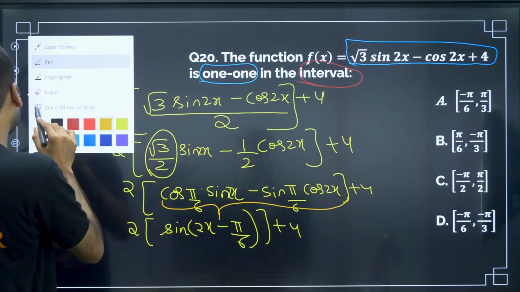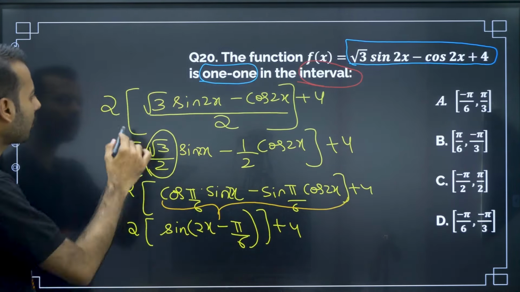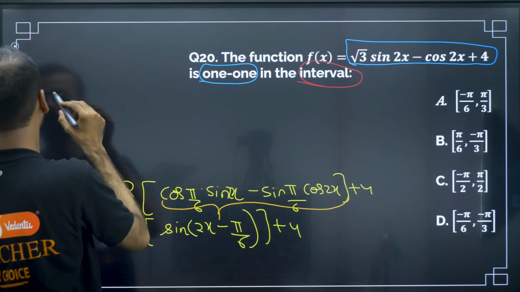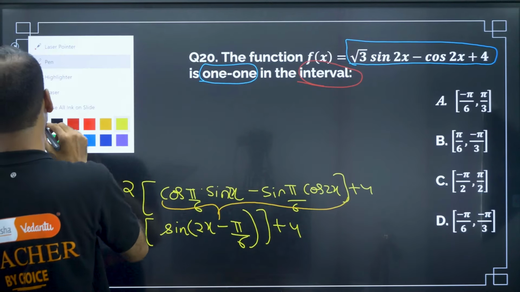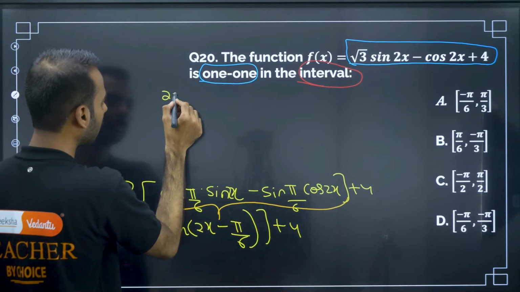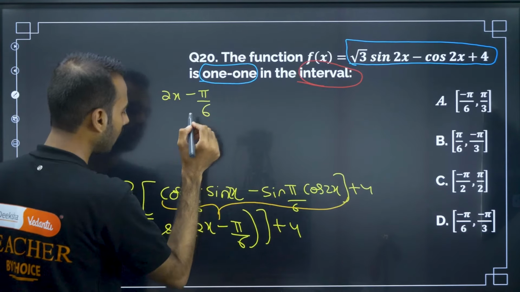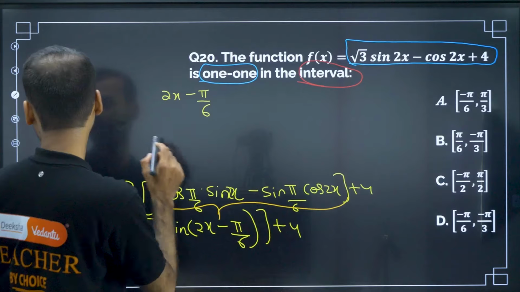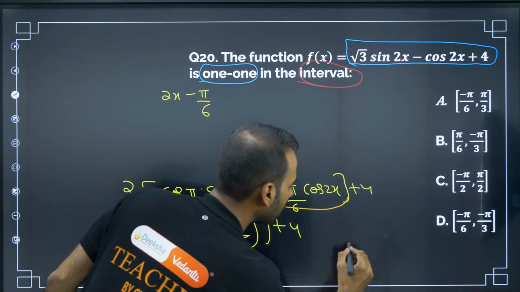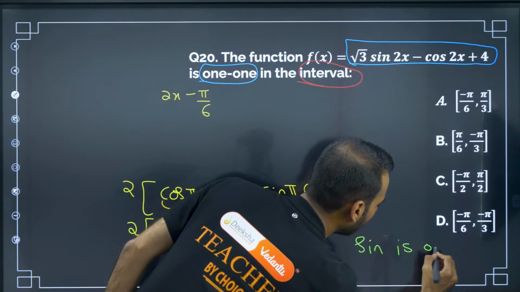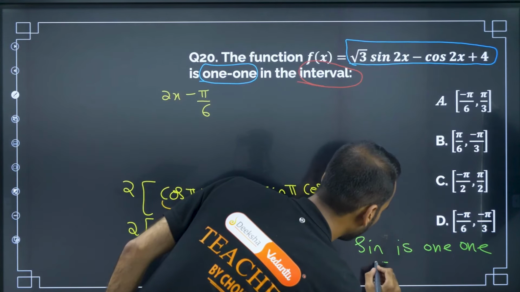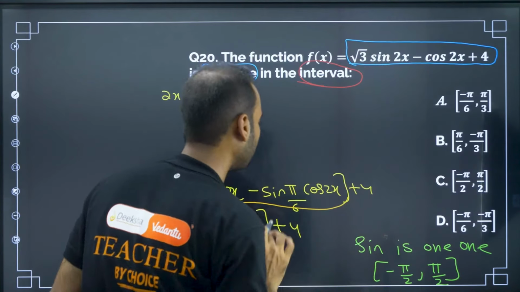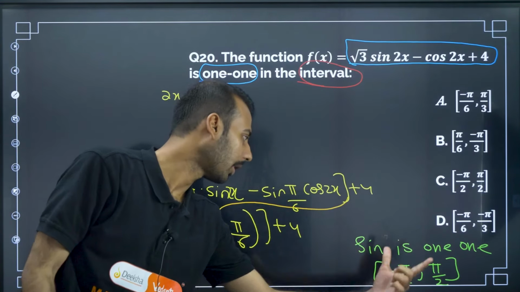Now one thing you must observe here. Try to recall when sine is 1-1. Let me write one synopsis point: sine is 1-1 from minus pi by 2 to pi by 2.